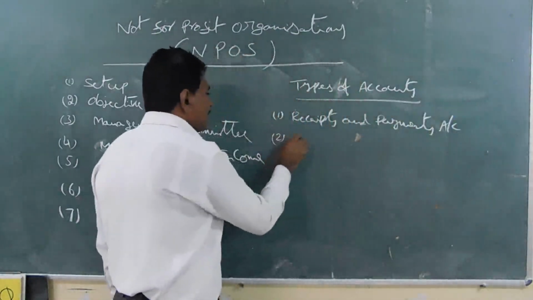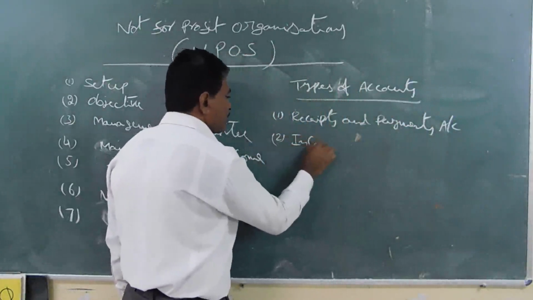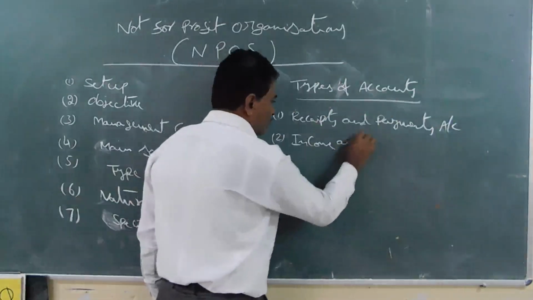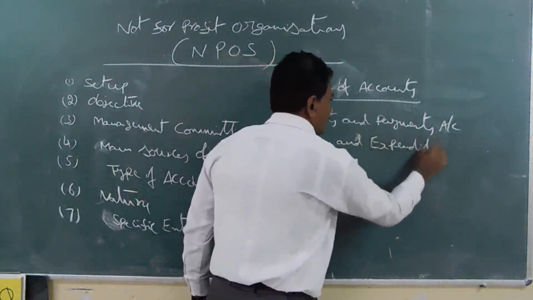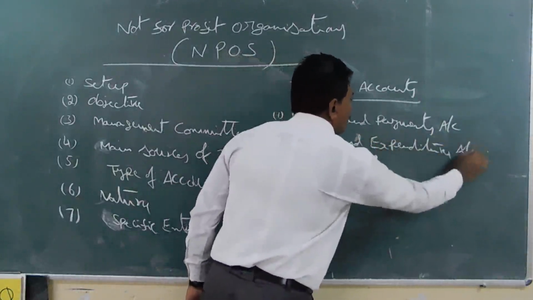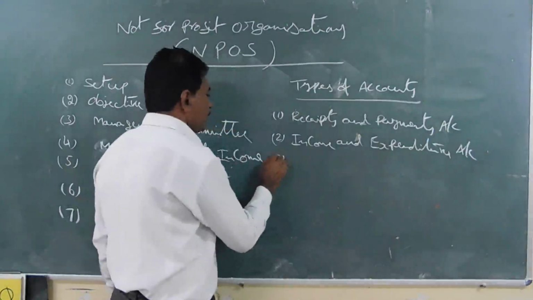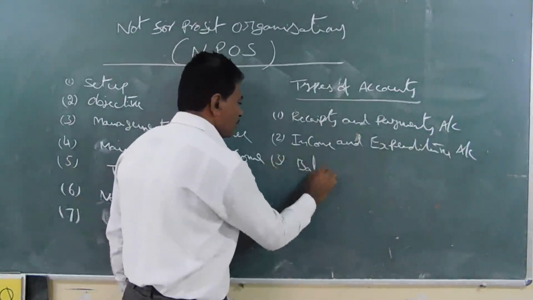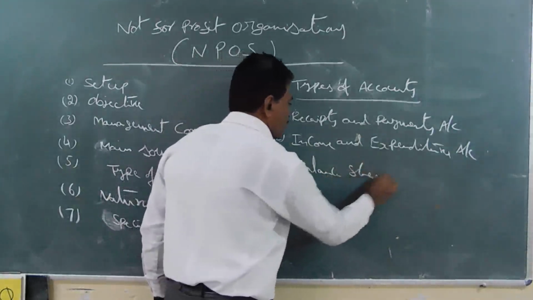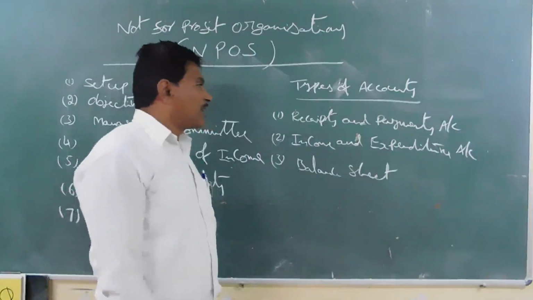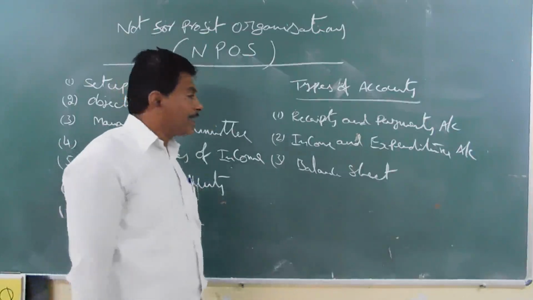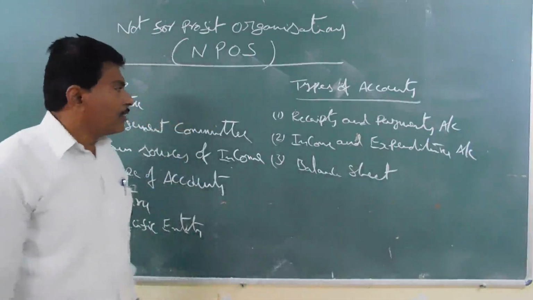Second one, income and expenditure account. Third one, balance sheet. So these are the financial statements of a not-for-profit organization to be prepared at the end of every year.